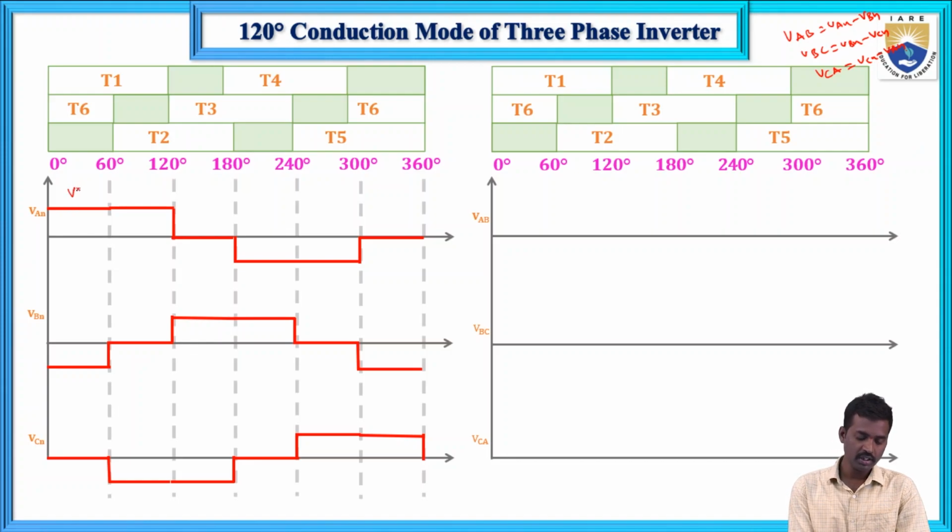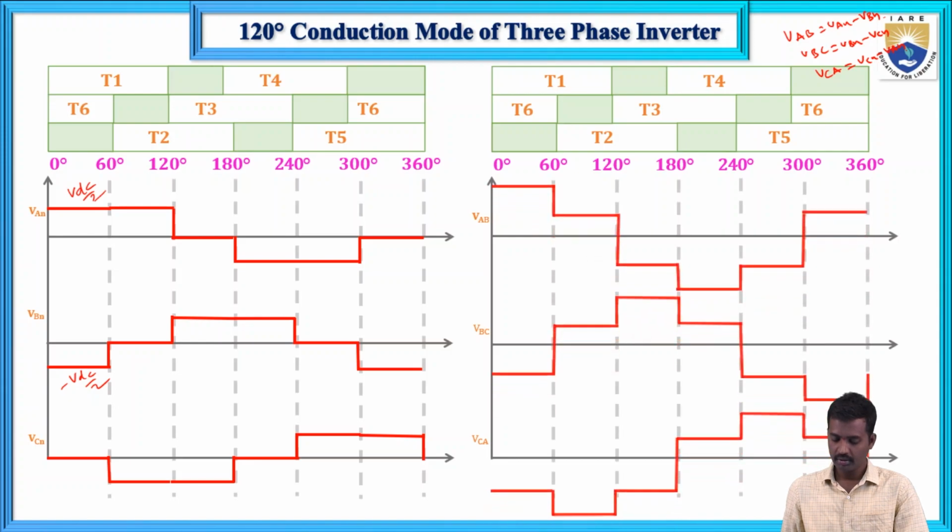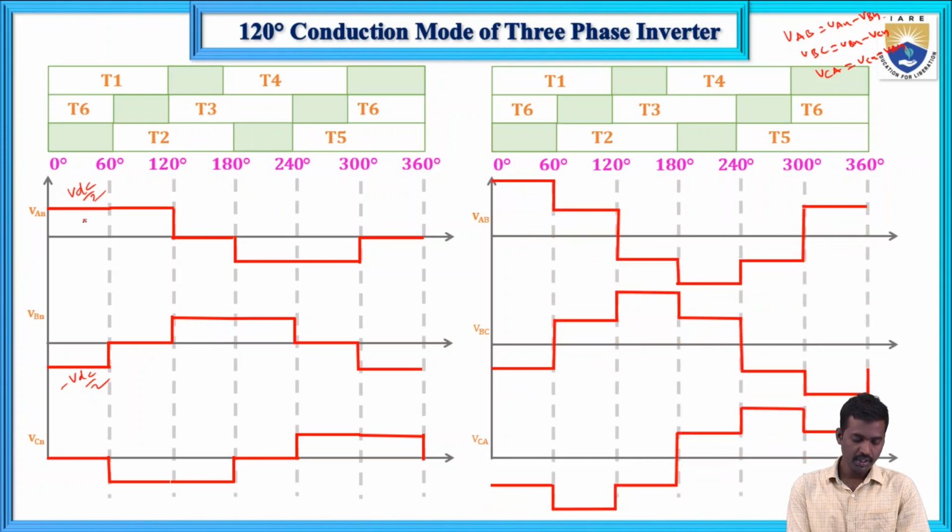Now here this is VDC by 2 and this is VDC by 2 and this is minus VDC by 2. VAB means this one minus this one. VDC by 2 minus of minus VDC by 2 means, if you draw the plot here, this is VDC only. After that, this is VDC by 2 and this one is 0, so this is VDC by 2.